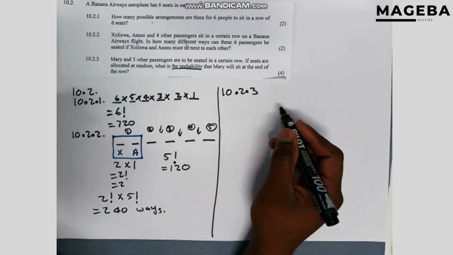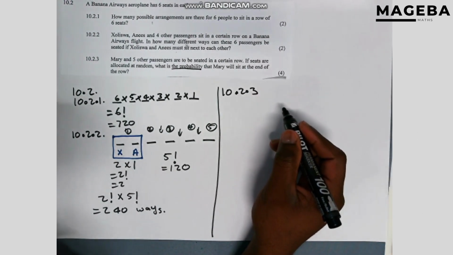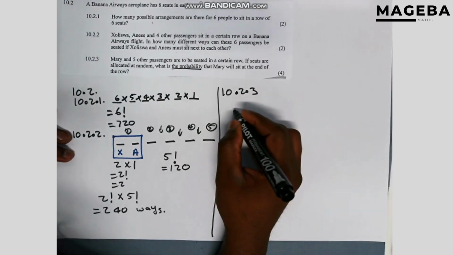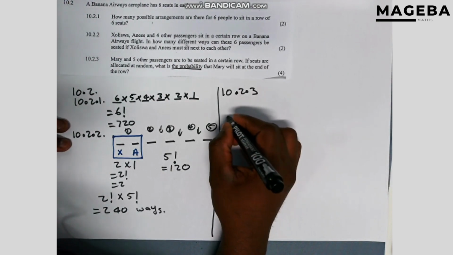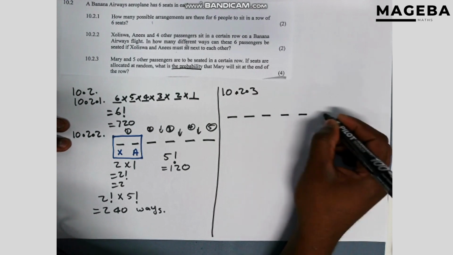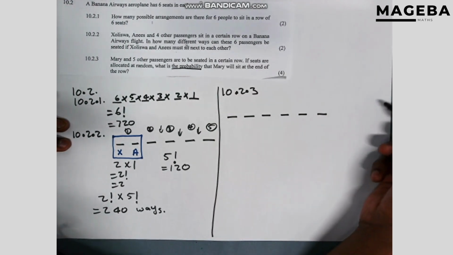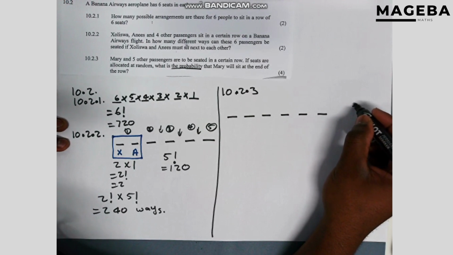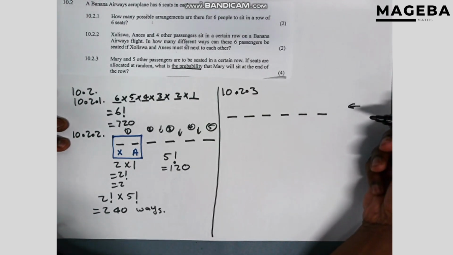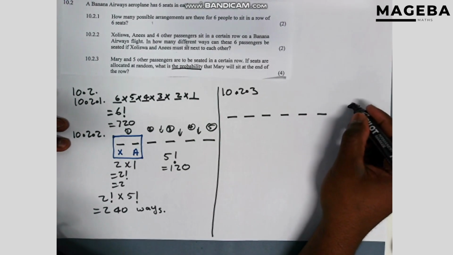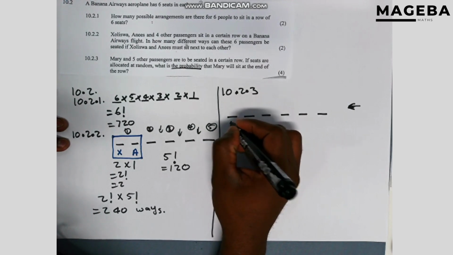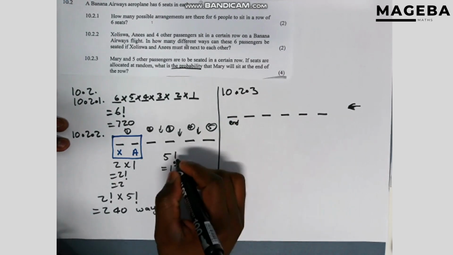So if we think about how many seats we have, let's say 6, 1, 2, 3, 4, 5, 6. If I'm coming from my left hand side, the end of the row is this side.